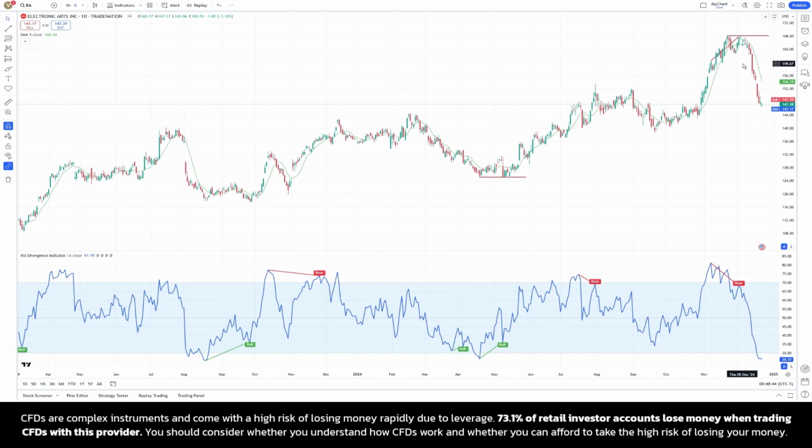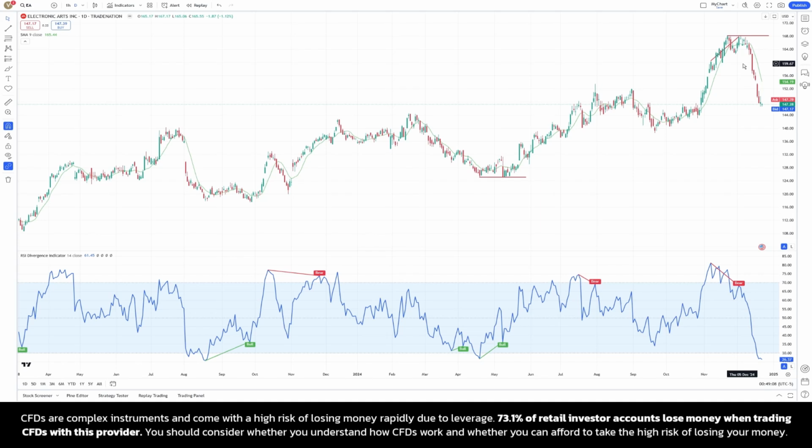Despite its usefulness, like most indicators, it has limitations. As with any lagging indicator, divergence signals are based on past data, which means they may not always provide timely entry or exit points. Divergence can persist for a considerable time before the price changes direction, which can result in early or mistimed trades.